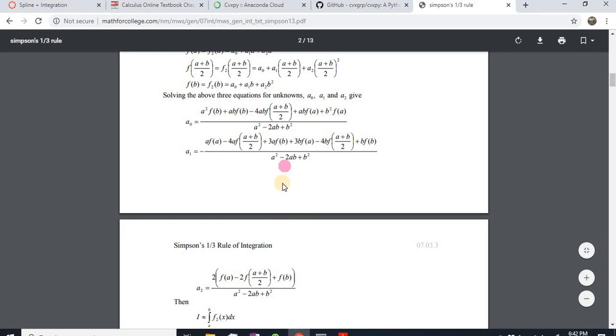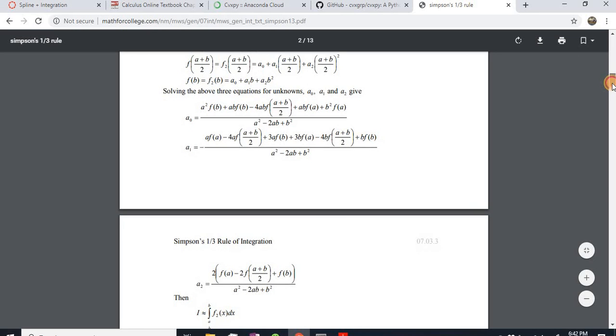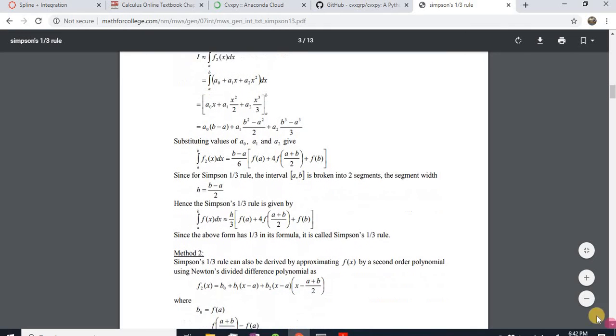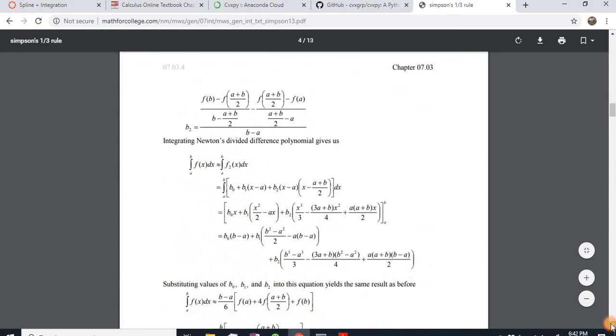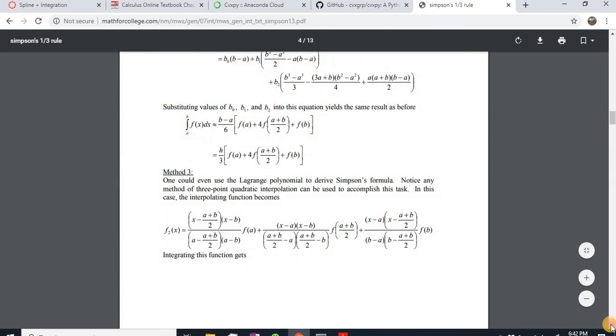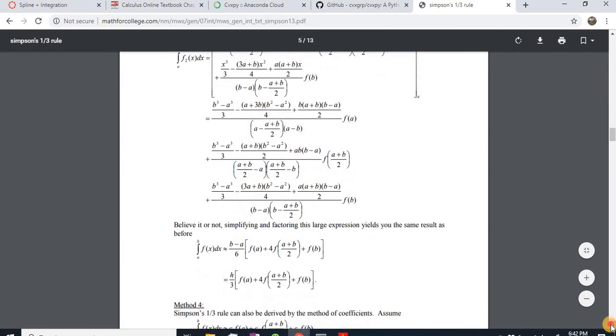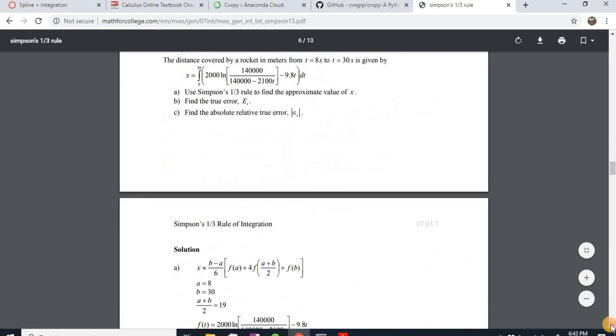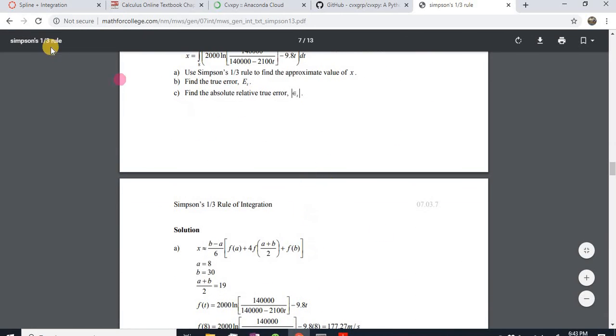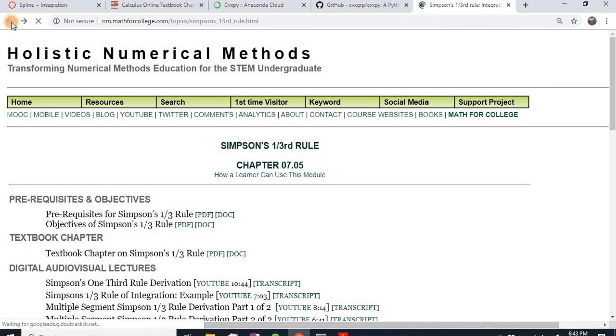But these A's are the quadratic fit on one interval, and then he pieces them together, and a lot of the complication goes away, and you get this simpler rule. He likes to derive things multiple ways, so he derives Simpson's rule a bunch of ways, and then he does some examples. It'd be useful for you to look at that so you can do the quizzes.